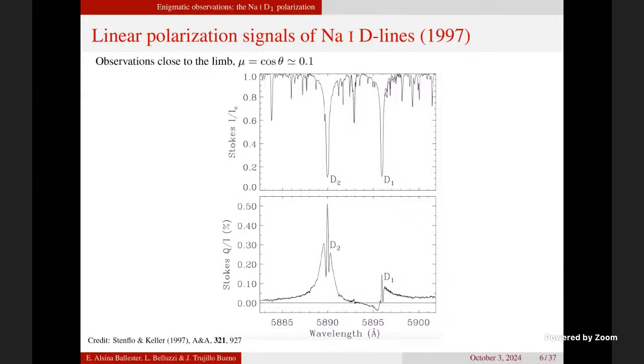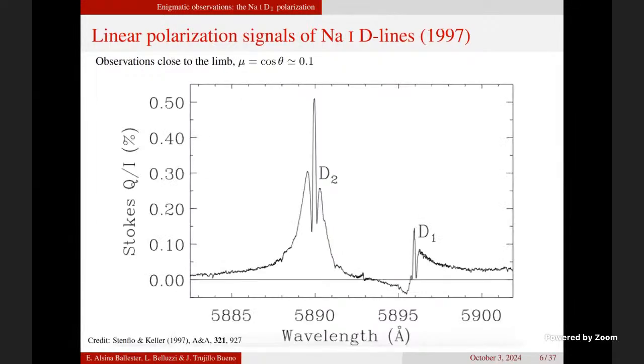And here I'm showing the sodium D lines in intensity, D2 and D1. And now I'm blowing up the lower panel, and you can see the linear polarization, the scattering polarization in D2, and most notably the D1 line. This came as a surprise because this line was expected to be unpolarized for reasons I'll explain in just a second.